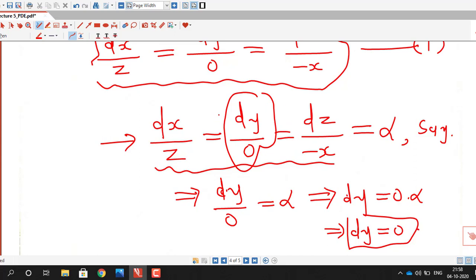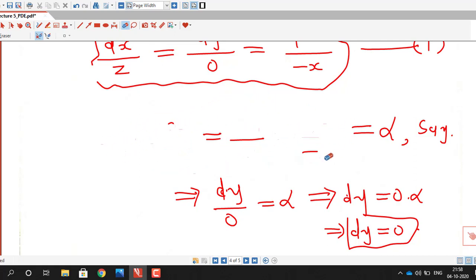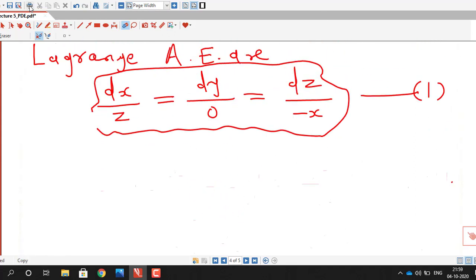So I can directly put dy equal to 0. Even I don't have to give reason like this. This is just for understanding why we can put dy equal to 0. So whenever we have 0 in the denominator, we will directly put 0 for the numerator also.